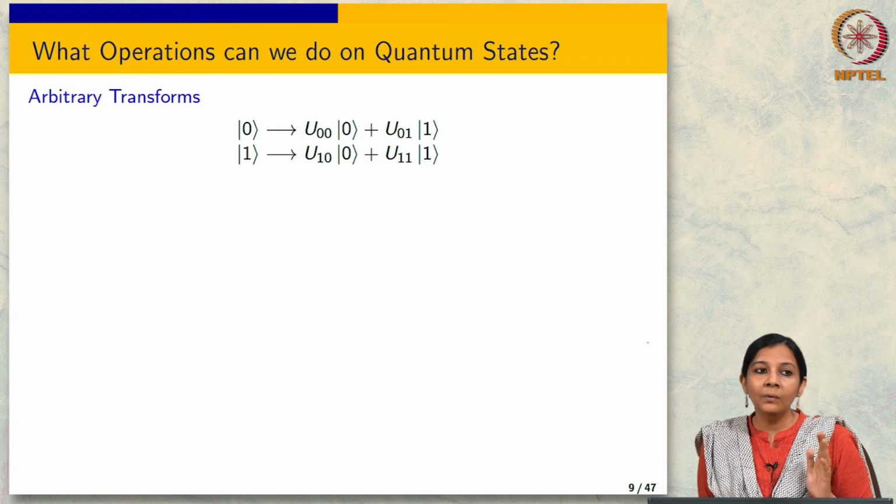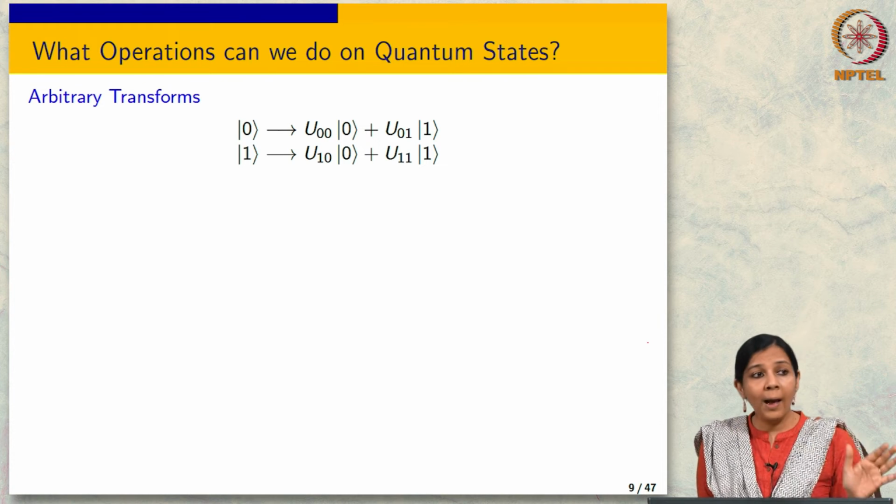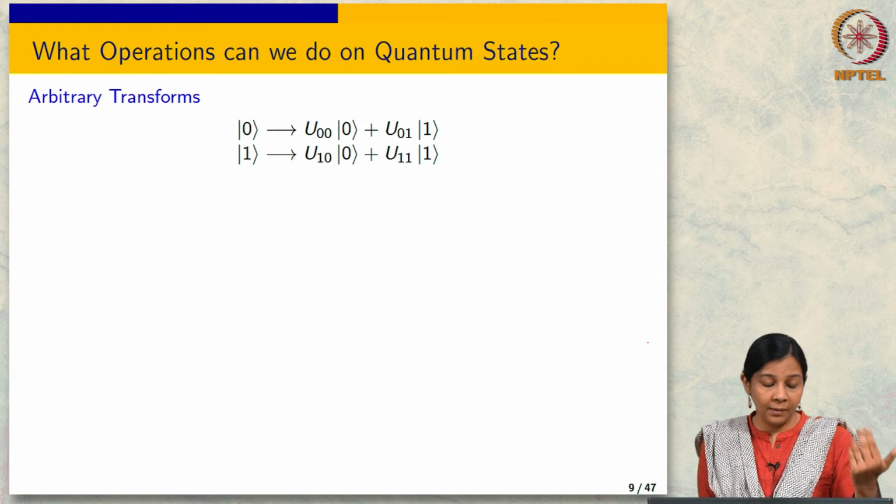And it will turn out that that is the constraint that we need to satisfy, and you can, by the way, go back and check that the transforms that we have seen so far do satisfy that. Okay. So, that is a basic sanity check that we can do.